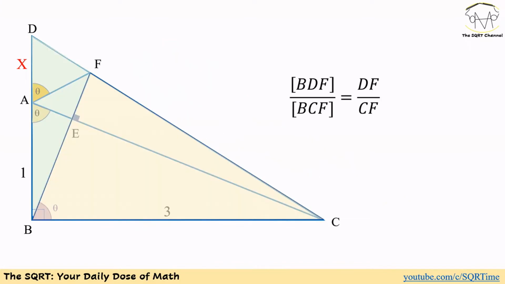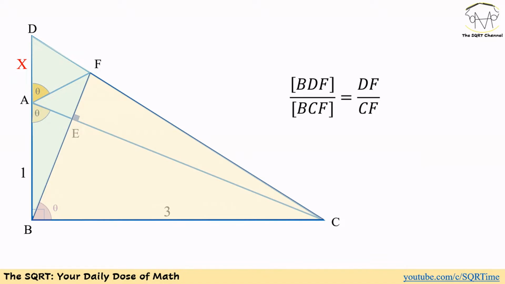Now let's move forward and consider the two triangles that we have here. One of them is green and the other one is orange. These two triangles have the same height, and we can say that the area of the green triangle is going to be the height times DF.